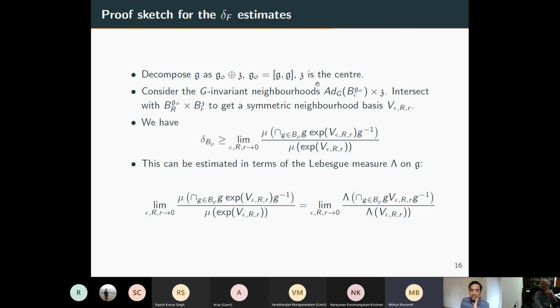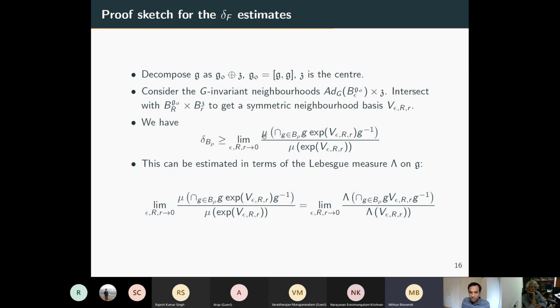And because these deltas are defined in terms of taking some neighborhood basis and then looking at how these limits behave, from the definition we have that delta of any set really is bounded below by this limit, assuming it exists.